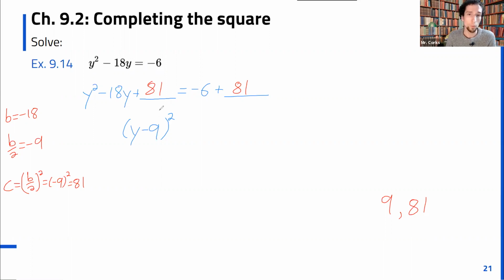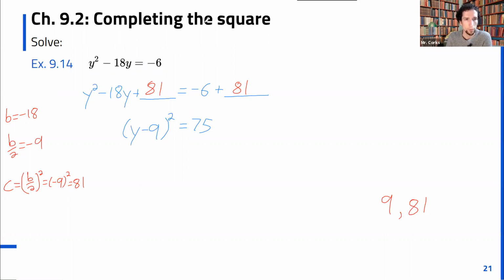In this case, it's y minus 9 because we had negative 18 here and not positive 18. Remember, that number is coming from negative 9 times 2 being equal to the b coefficient here. So that's negative 18. And on the right side, we have negative 6 plus 81, so that's 75.